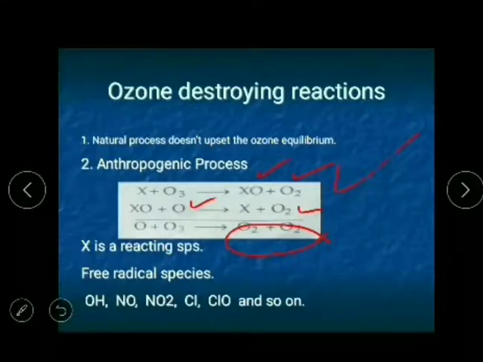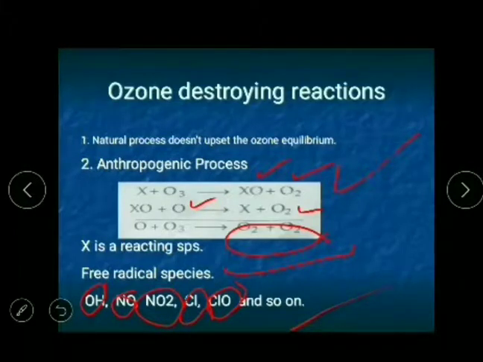So this is the general mechanism, and we will study the reactions with examples. Ozone layer is destroyed in varying degrees by free radical species such as the hydroxyl radical, nitric oxide, nitrogen dioxide, chlorine, chlorine monoxide, and many others.